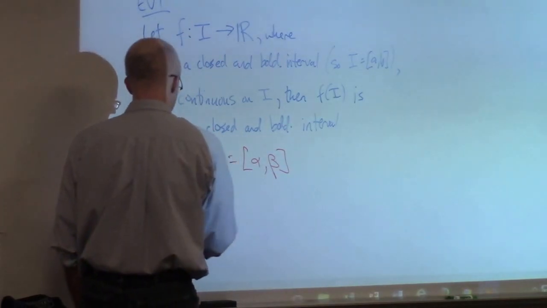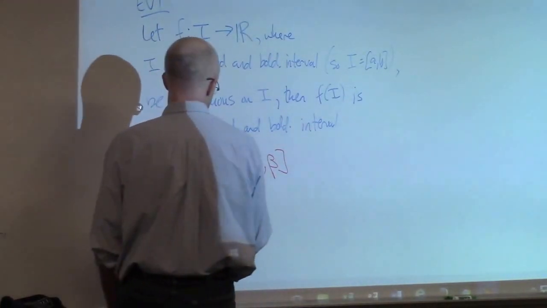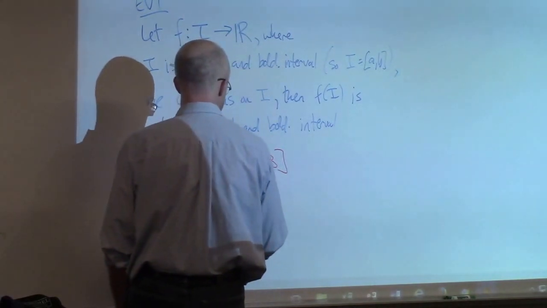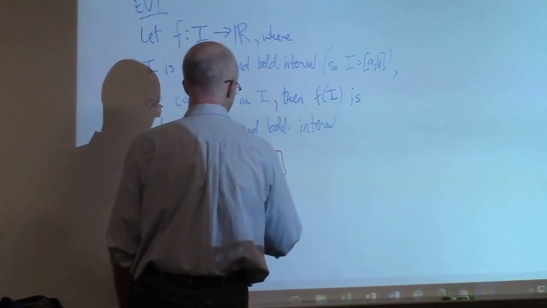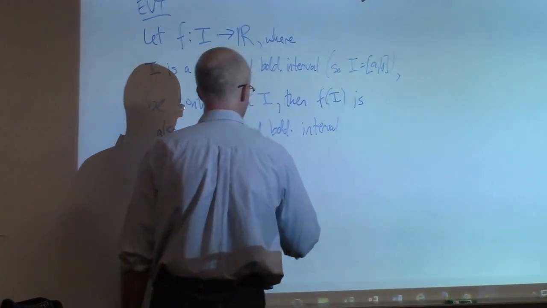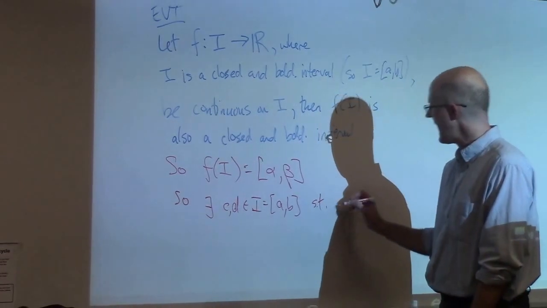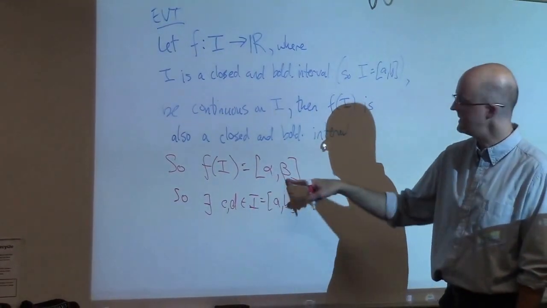What does that mean? That would mean there exist c and d in I, which again I'm assuming is the interval from a to b, such that f of c is alpha and f of d is beta.